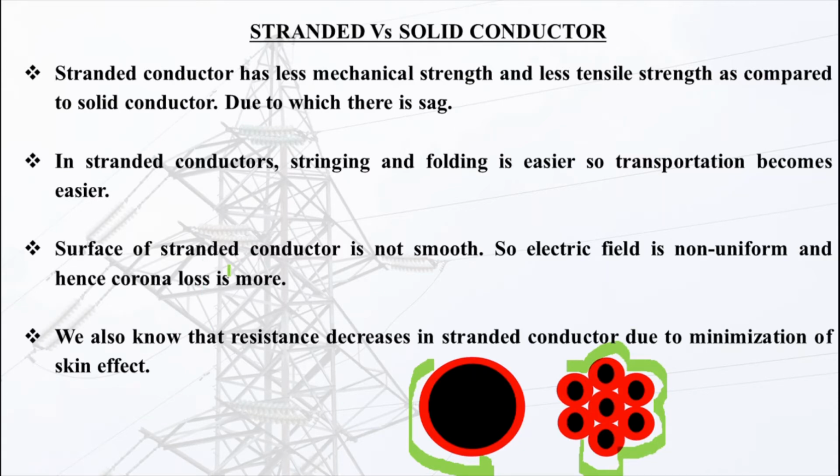These irregularities have a very small radius of curvature, and I already told you that high charge density is present at the point where the radius of curvature is small. So these irregularities with very small radius of curvature have very high charge density, and we have already discussed that high charge density results in a high electric field. A high electric field is responsible for corona, we all know that. So corona is more in the case of a stranded conductor.